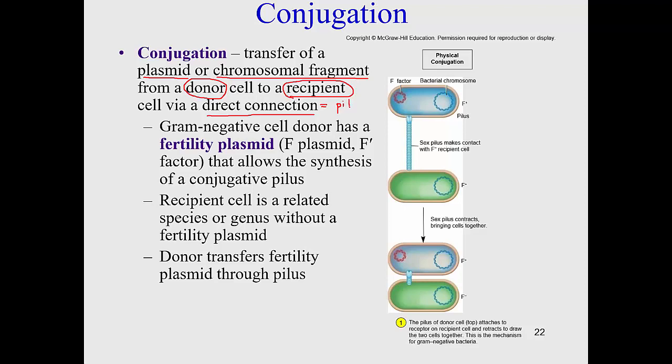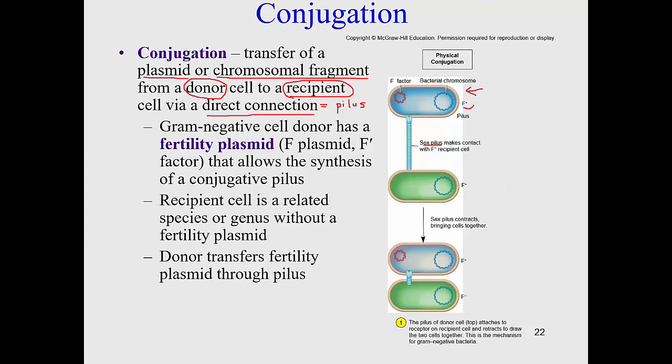Pilus is one, pili are many. So you need that connection. So this particular cell is able to make that connection. Here is the pilus, also called the sex pilus, because this helps in sexual reproduction.